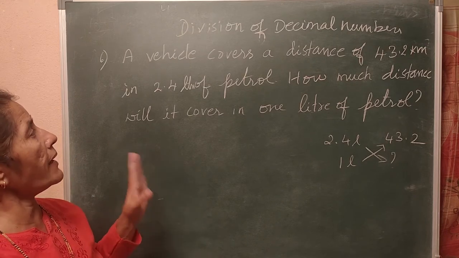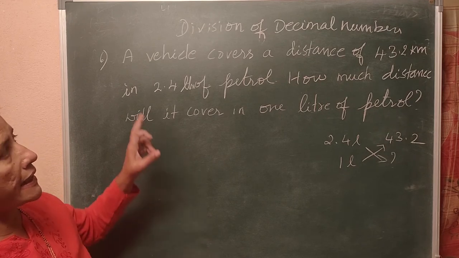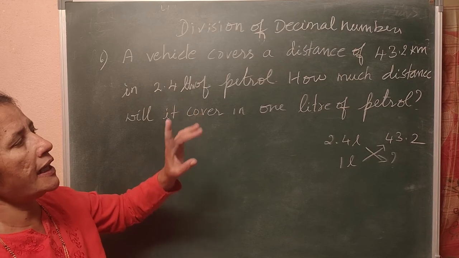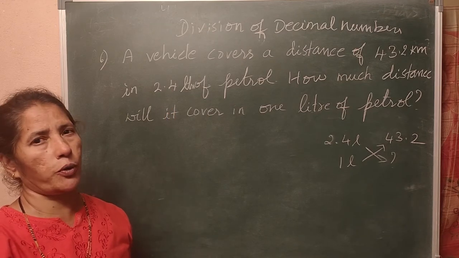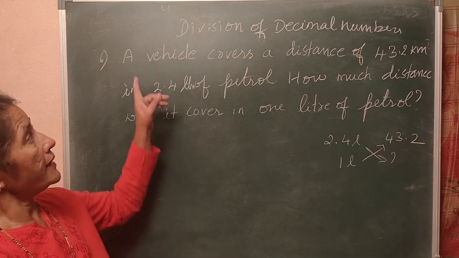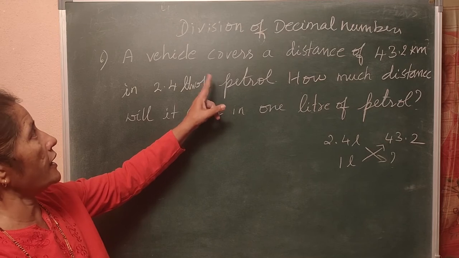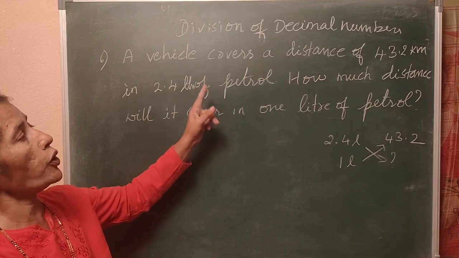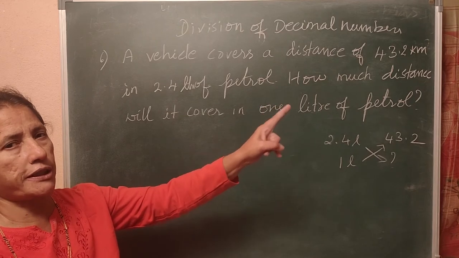43.2 divided by 2.4. How will you write down the statement? The distance covered by a vehicle using 2.4 liters of petrol is equal to 43.2 kilometer.